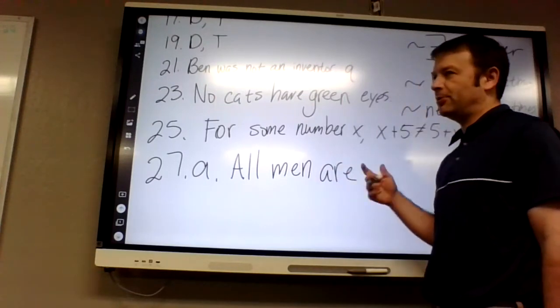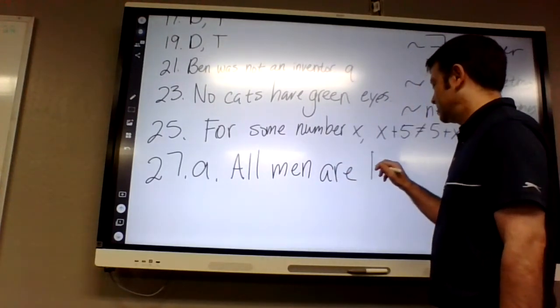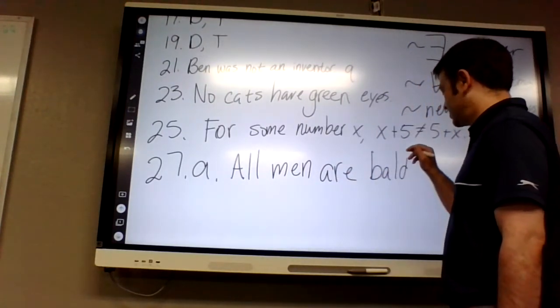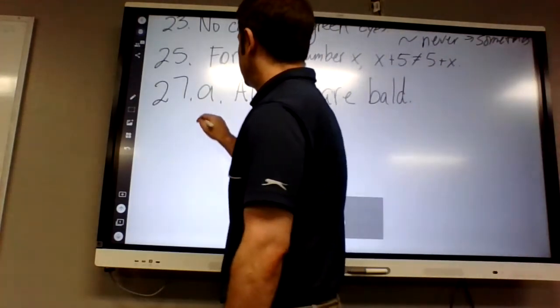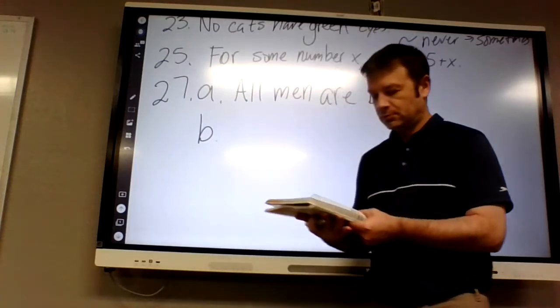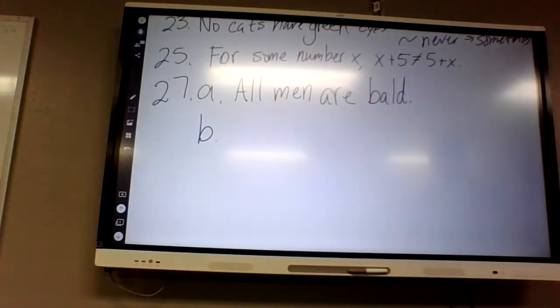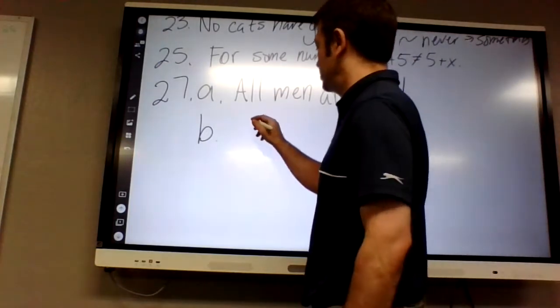You could say men are always bald, but just try to do the one that sounds the most like an actual sentence. Is the men are sometimes bald? So not always would be, yeah, sometimes. So you could say men are sometimes bald. They just put some men are bald.